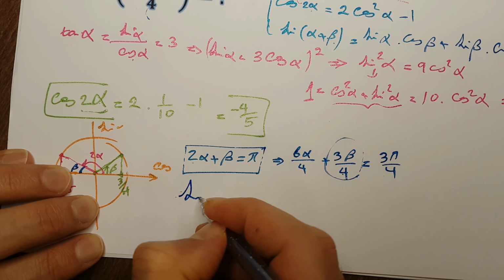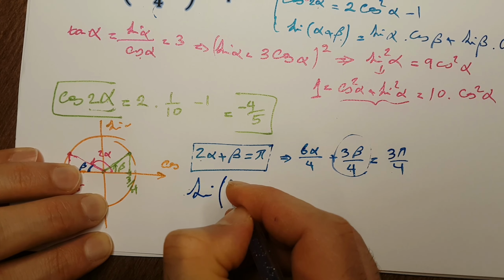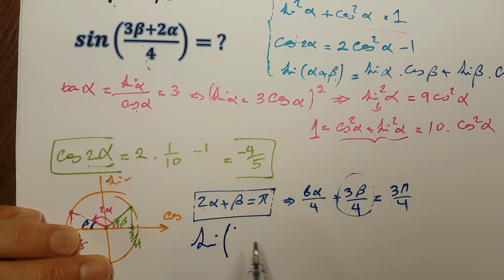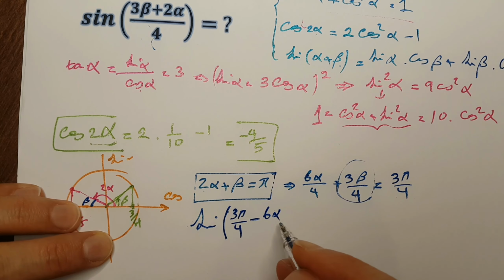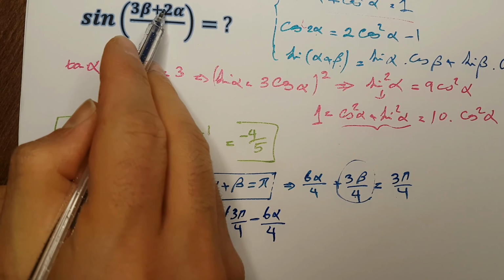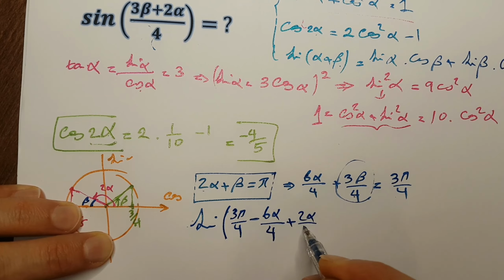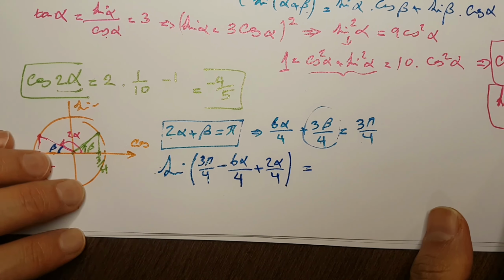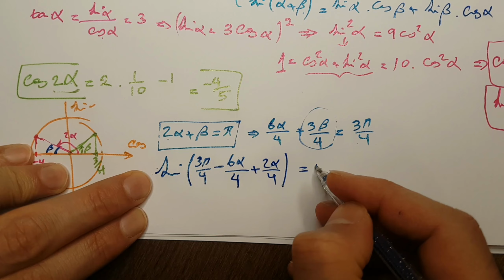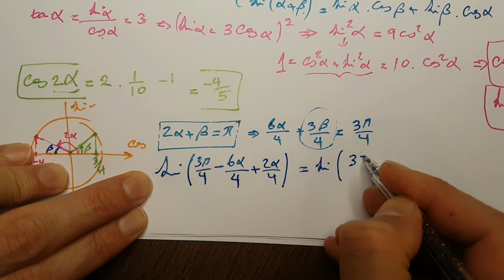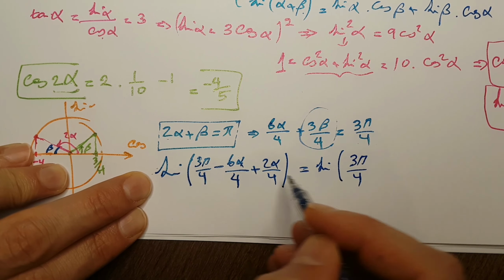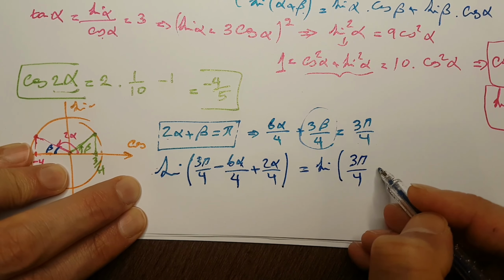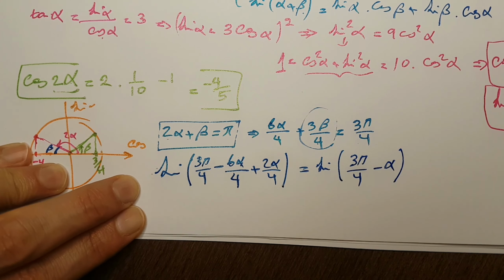Hence, sine of (3 beta plus 2 alpha) over 4 is going to be sine of 3 beta over 4, which is 3 pi over 4 minus 6 alpha over 4, plus 2 alpha over 4. This will be equal to sine of 3 pi over 4 minus 6 alpha plus 2 alpha, which is minus 4 alpha over 4. In other words, minus alpha.